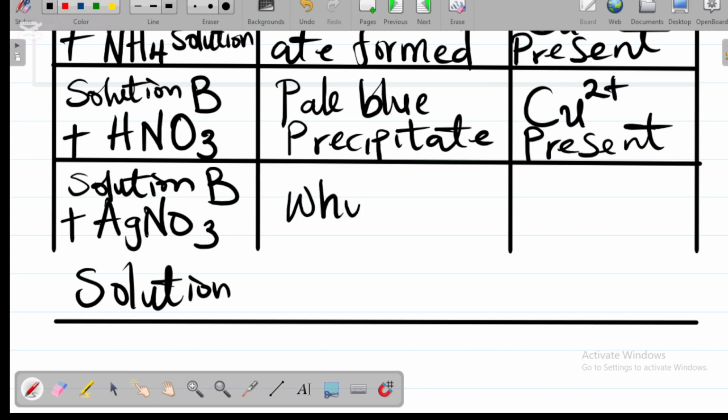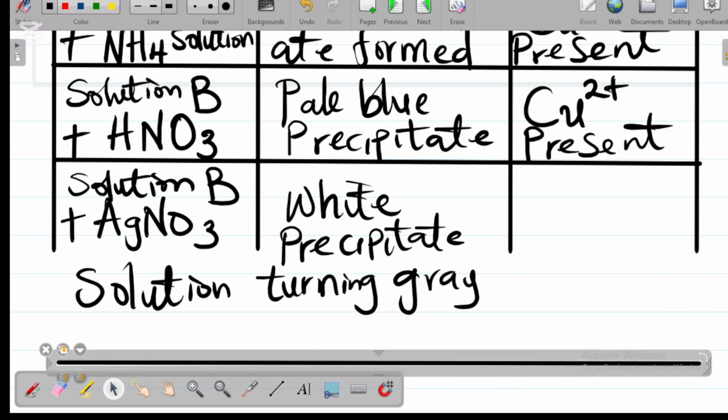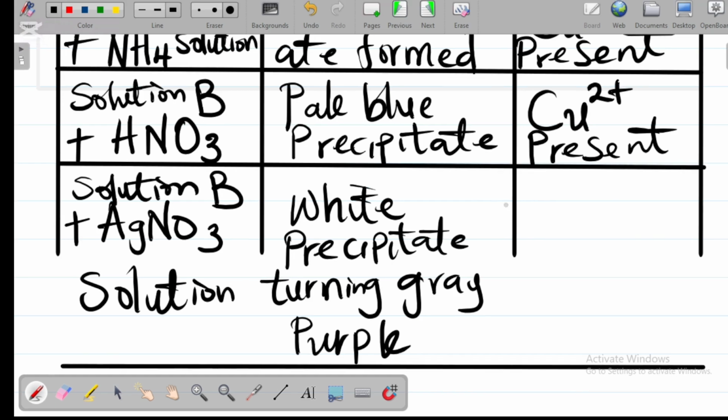The observation should be white precipitate turning gray purple. And then your inference should be what? Your inference should be chloride ion. So we have Cl raised to power minus present. Chloride ion present.